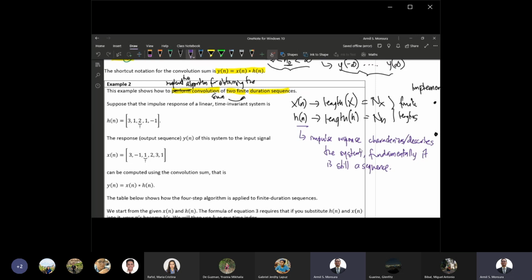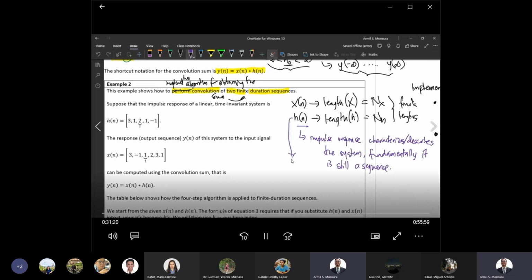So when we're talking about the convolution sum, we're actually treating hn to be a sequence or a signal.